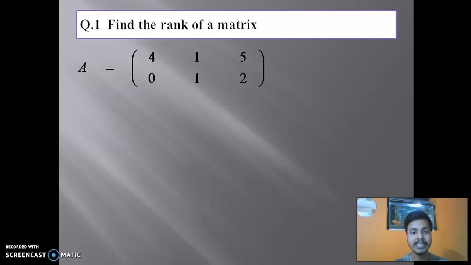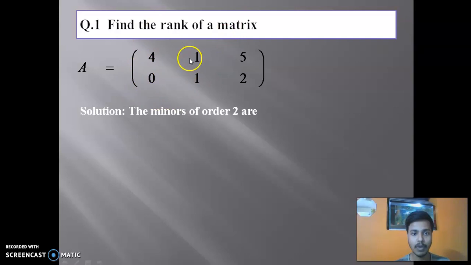What is the next thing we have to do? We just have to find the minors, and as the matrix is of order 2 by 3, the minors will be of order 2 by 2, or we simply say minors of order 2. So what are the minors one can take?